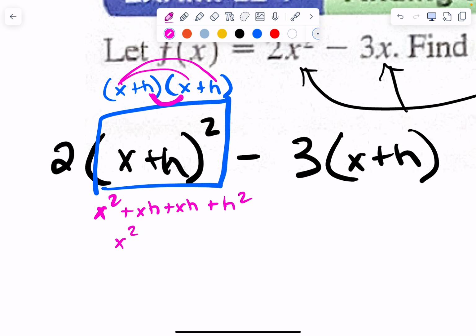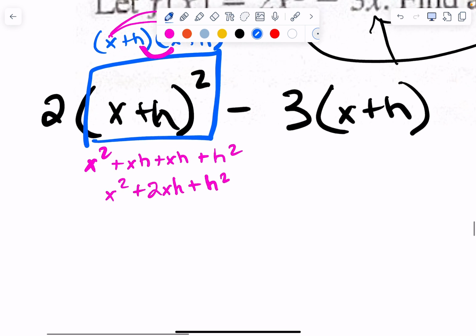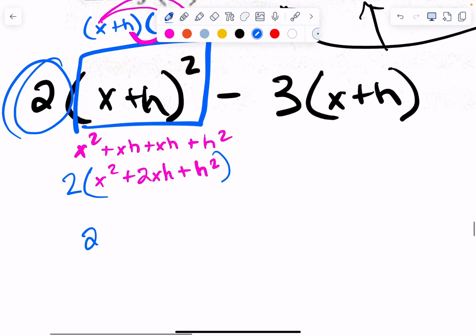So x squared plus 2xh plus h squared. But then I got to take everything times 2 because there's this 2 out in front, right? Okay, so now I've got 2x squared plus 2xh plus h squared. Is it not 4? Oh, wrong. Yes. My brain just shut off after the first distribute. There we go. 2x squared plus 4xh plus 2h squared.